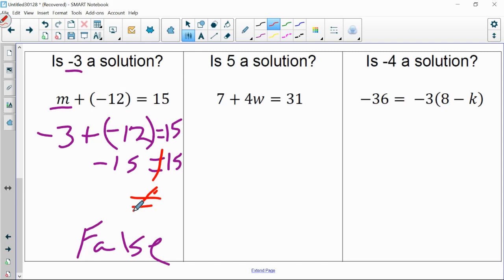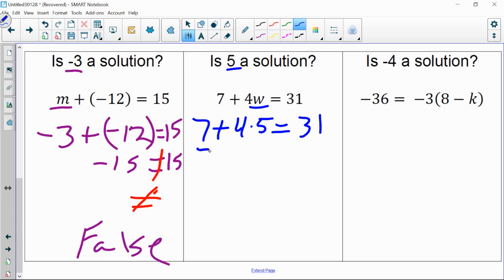Okay, so let's look at another set. Is 5 a solution for 7 plus 4 times w equal to 31? Like I said, we're going to replace w with my 5. And it's not going to make it 45. Remember, that is 4 times 5, and we want to make sure it's equal to 31 to know if this is true or false.